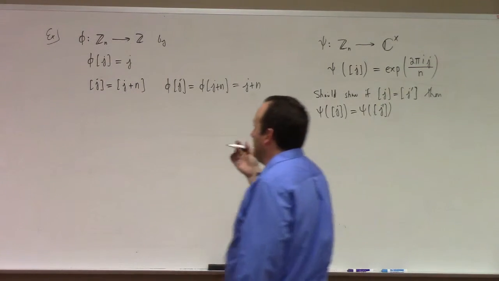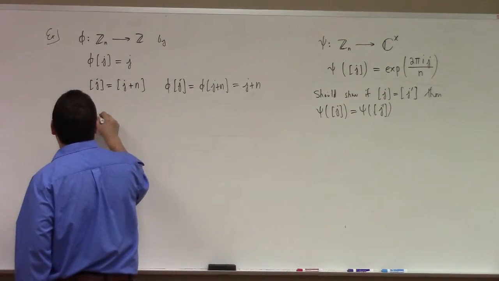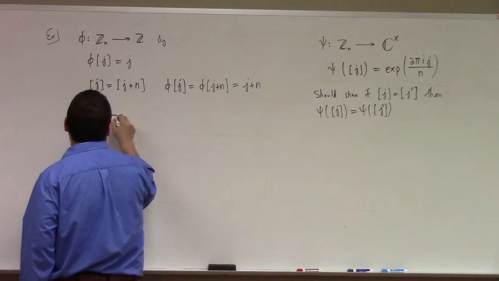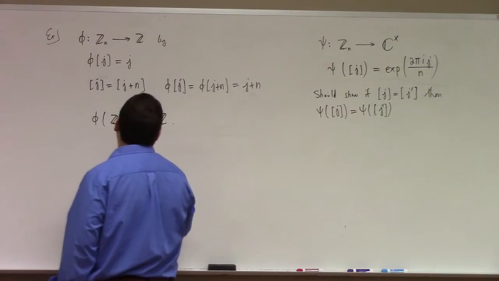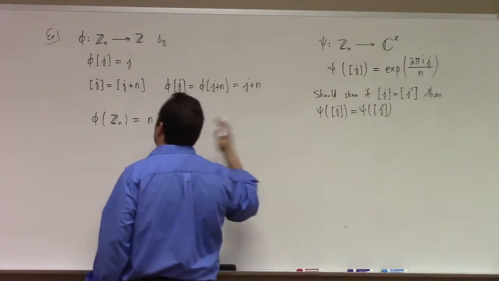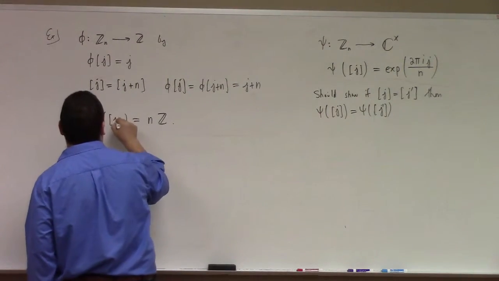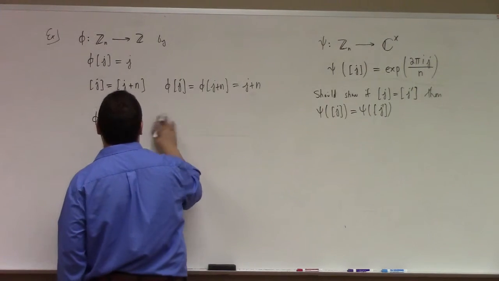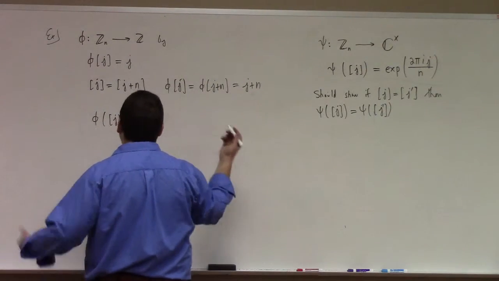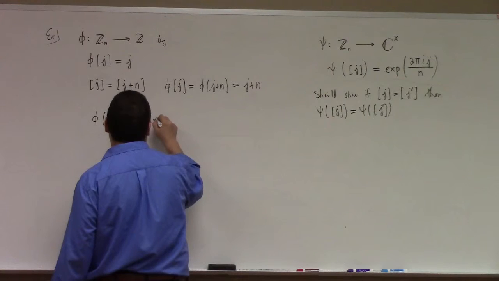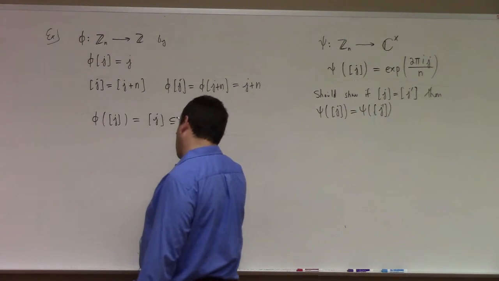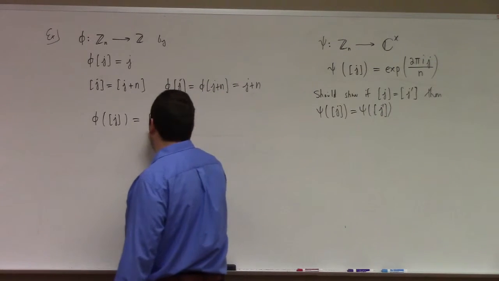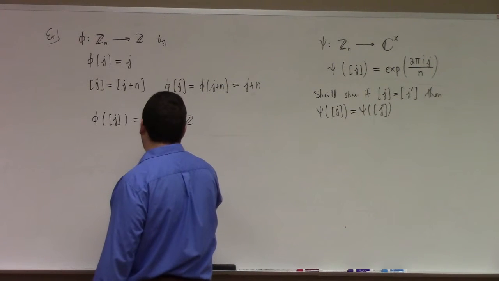In fact, to be clear, what is the output of this? This is nZ. Sorry, to be more clear, well, you could look at it like that if you want to view that as a subset of Z. To be more precise, it's j plus nZ.